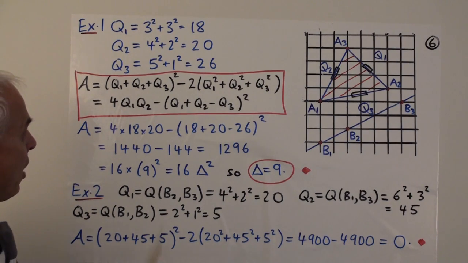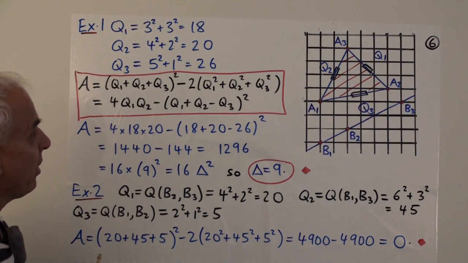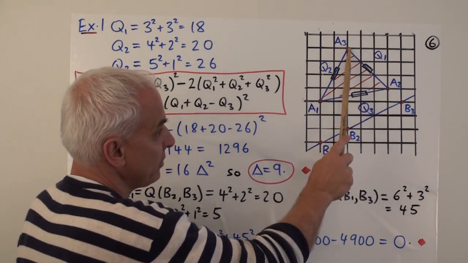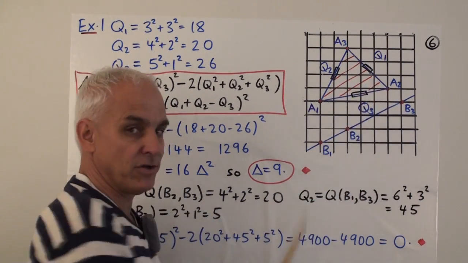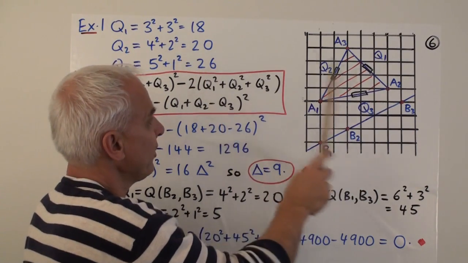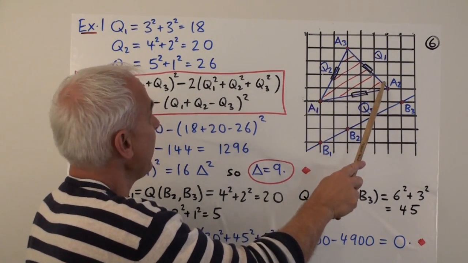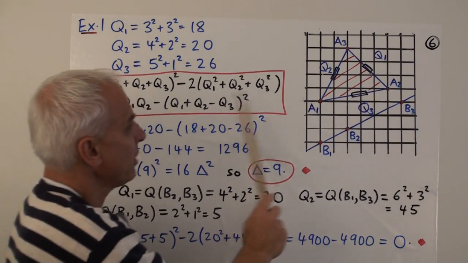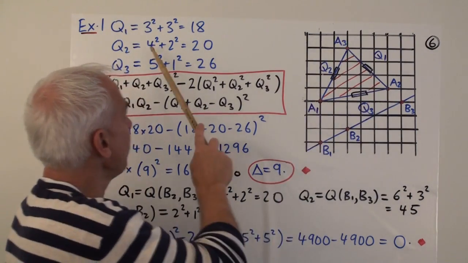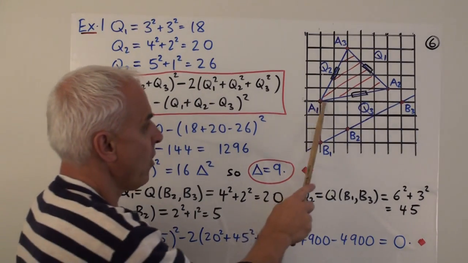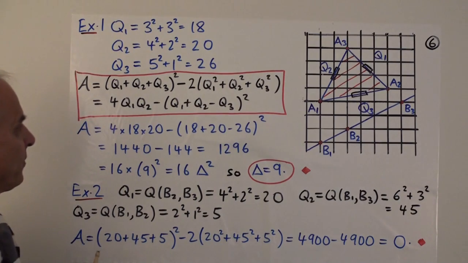The quadrances now are, by Pythagoras' theorem, Q1: you look at the same right triangle, 3 here, 3 here, so 3 squared plus 3 squared, it'll be 18. Q2: here's 4 and 2, so 4 squared plus 2 squared is a quadrance of 20. And a quadrance here of 26.